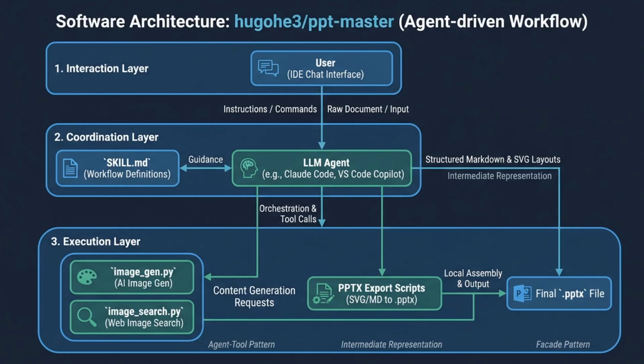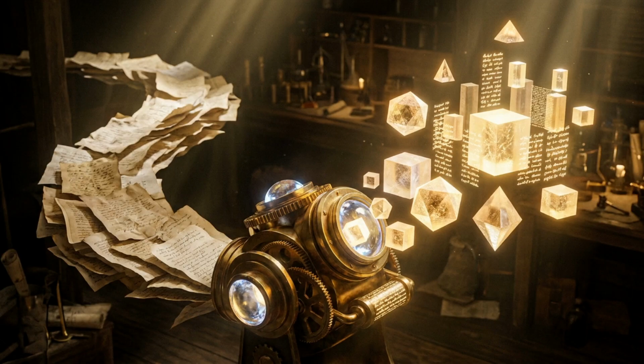It parses the SVG file and converts each element into PowerPoint's native rendering language known as DrawingML. So, an SVG rectangle becomes a native PowerPoint shape, and an SVG text element becomes an editable text box. The entire process runs on the user's machine, which is great for data privacy and gives the user complete control.